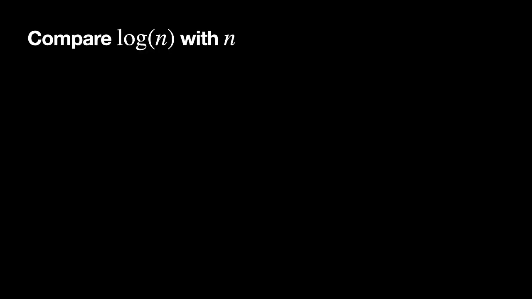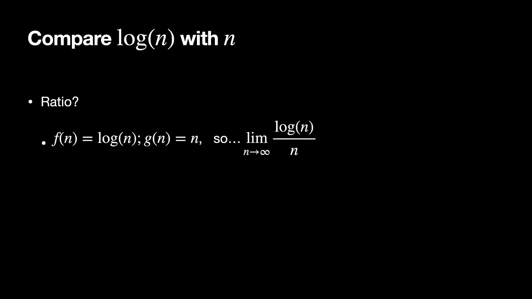So let's go back to our existing problem. And let's go ahead and apply L'Hopital's rule to try and come up with a simpler form here. So we can get an equivalent limit by taking the derivative of the numerator, log n, over the derivative of the denominator, n.